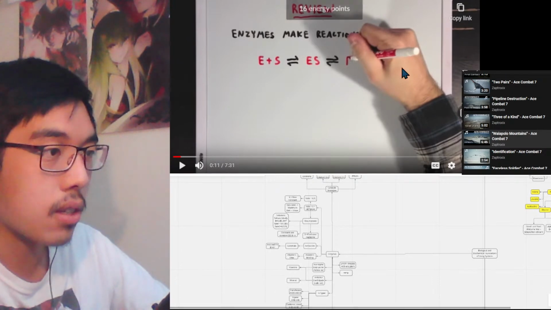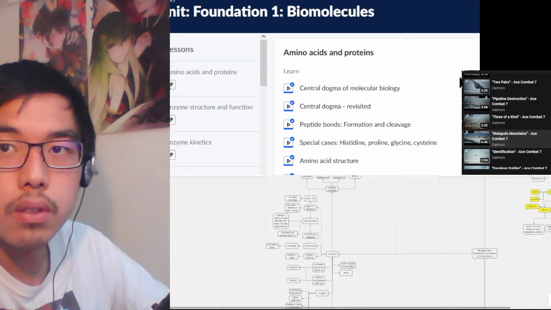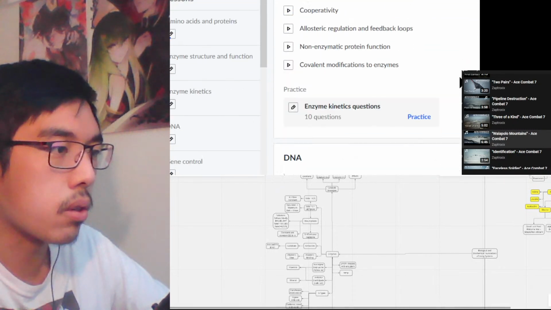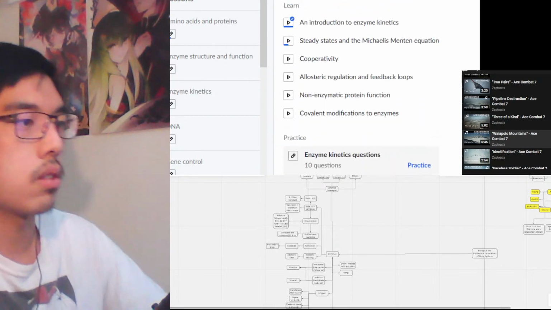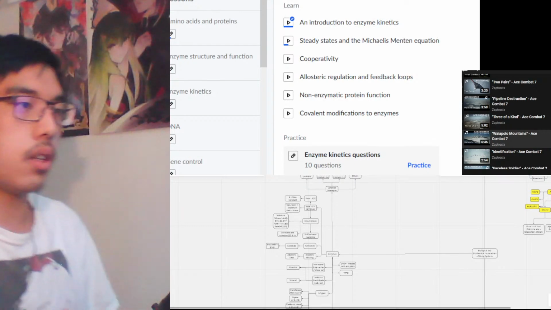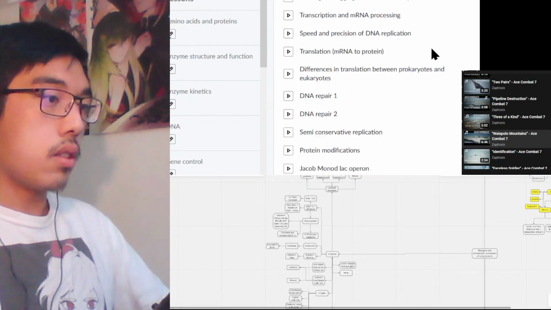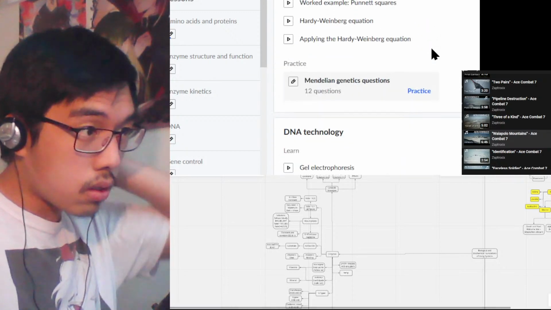Oh boy. Okay, wait. How far are we in this thing? Let's see here. Oh, enzyme kinetics is a completely different section. Okay. Well, let's keep going then. Finish enzyme kinetics. Then DNA is gonna handle its own section. Gene control, genetics.